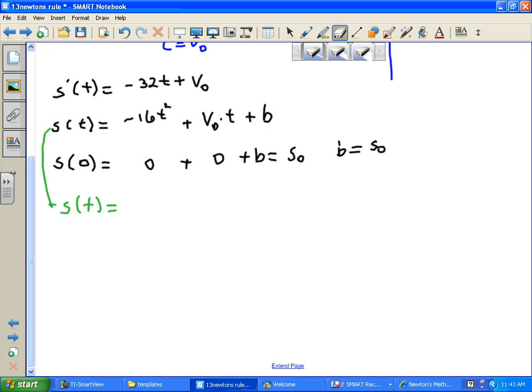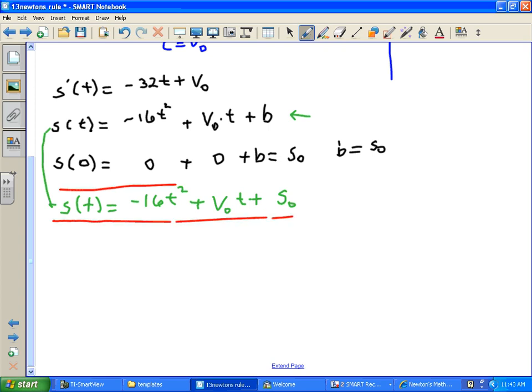So s of t with the addition of this new constant is going to become negative 16t squared plus v0t plus s sub 0. And this is a very important equation of motion that you might study in physics.